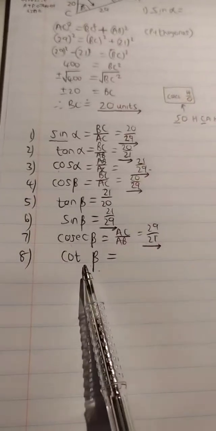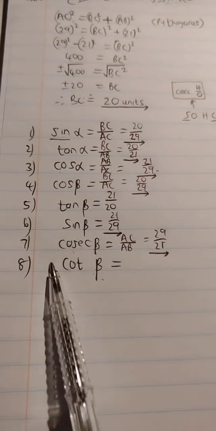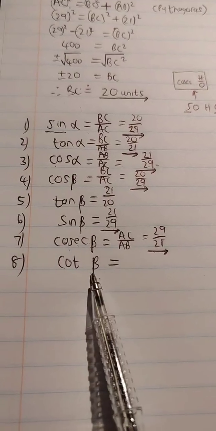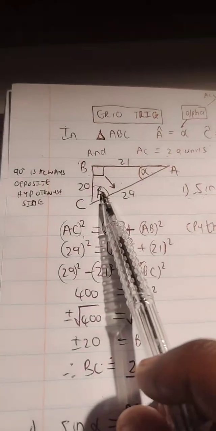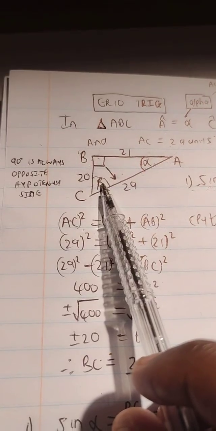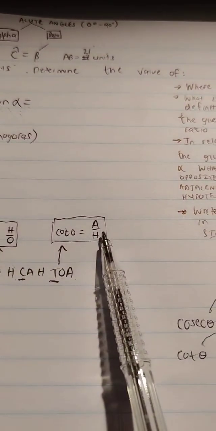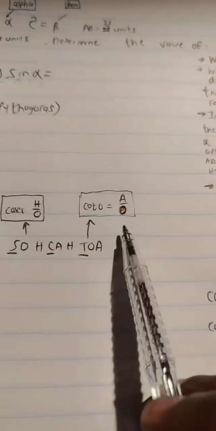Okay, so if we come back now, what is the definition of cot? Cot beta, to be specific, we are looking at this angle and we are asking ourselves, what is the definition of cot? We've just learned that it is adjacent over, not hypotenuse, but opposite. Just a minor error there.